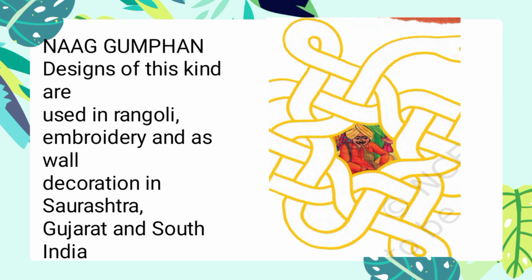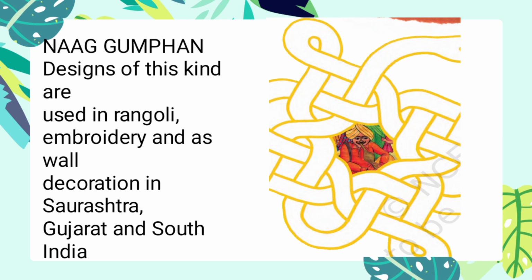So Nagagumpan. Designs of this kind are used in rangoli, embroidery as well and as wall decoration in Saurashtra, Gujarat and South India. So you can see an image here.